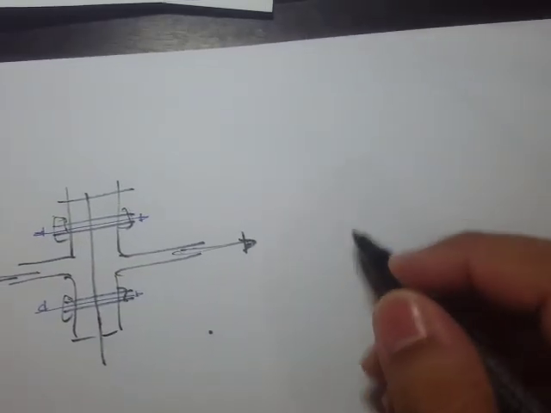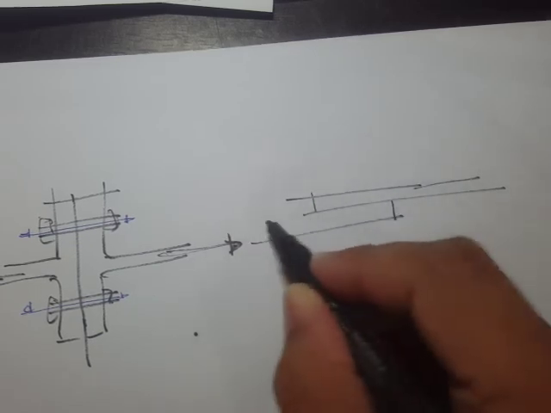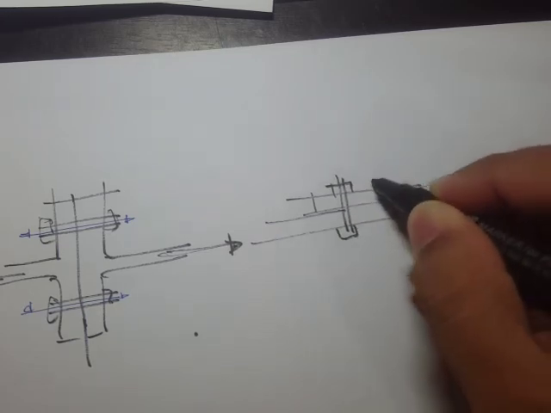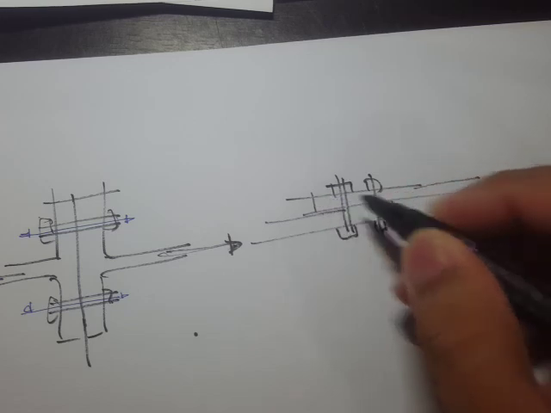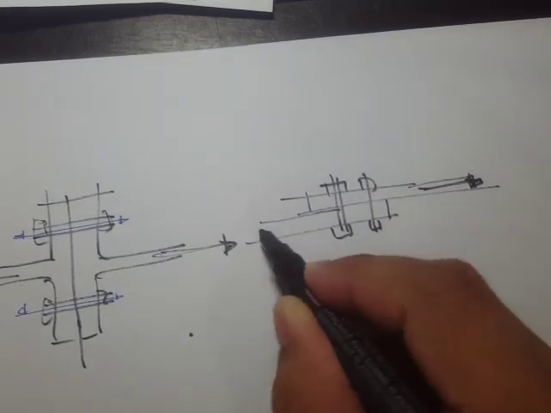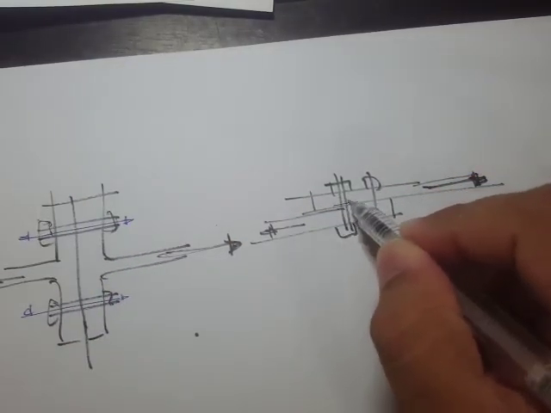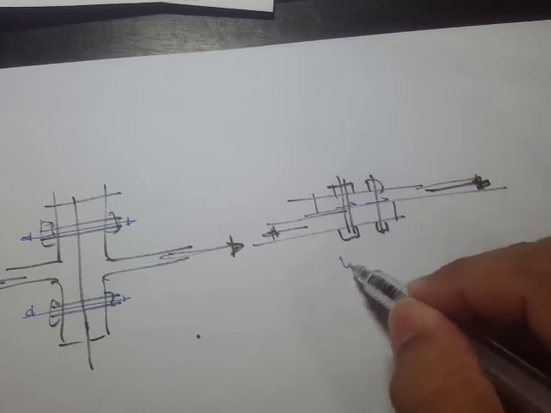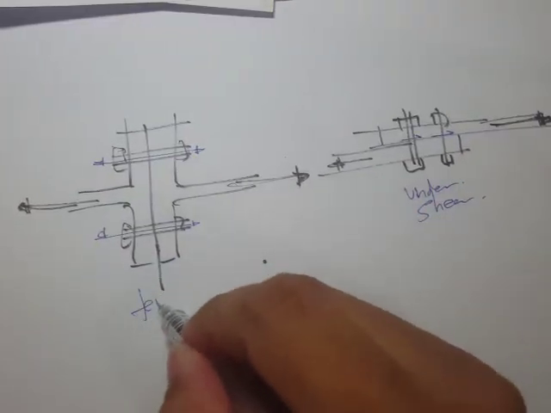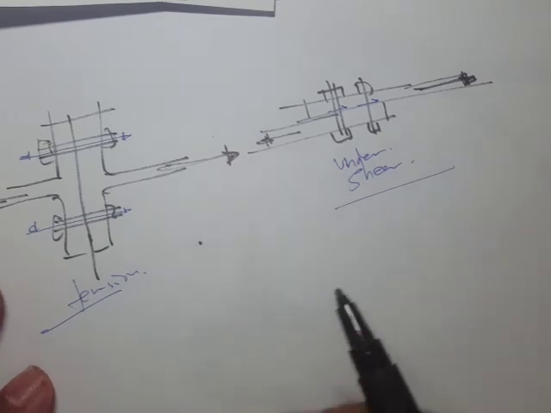Whereas if you have a connection something like this and you're applying the force, then the loads on the bolts are under shear. So this is shear, this is tension, and it's also possible to have combined loadings.